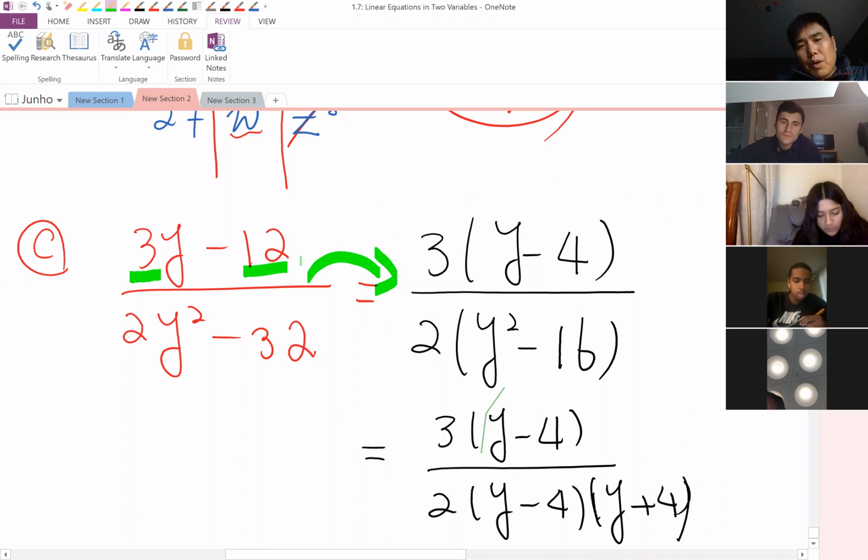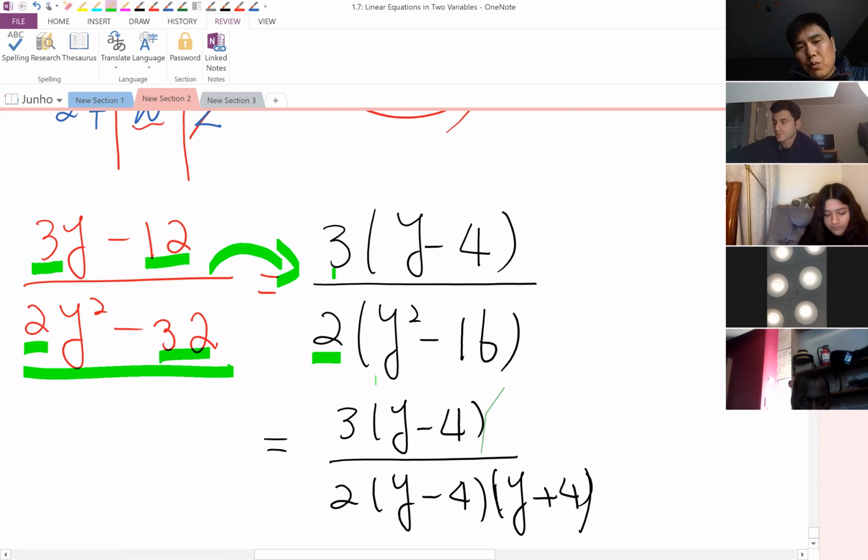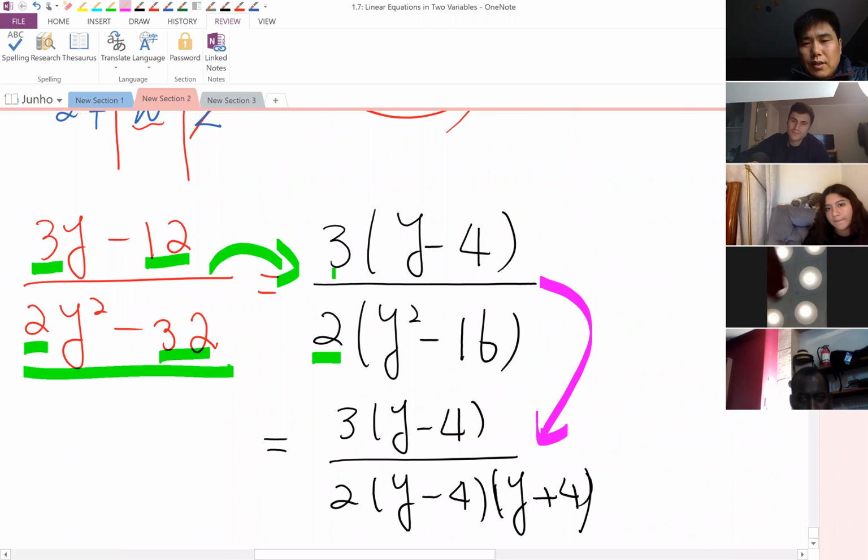So do you understand here? 3 and 12, so 3 is the common factor, so it becomes y minus 4. And then the bottom part here, 2 and 32. So 2 is the common factor. After you factor it out, it becomes y squared minus 16. Now from here to here, did you get it?